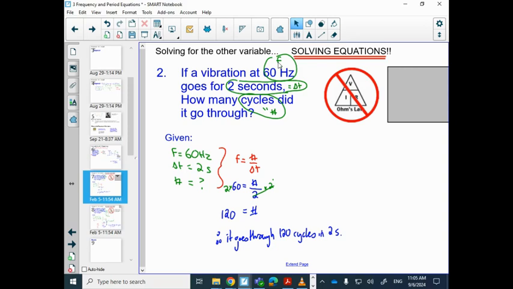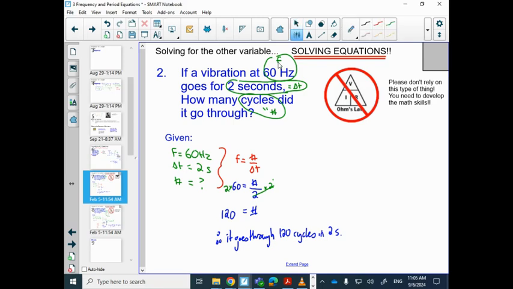So no one ever does an octagon version of these for an 8 variable equation. So don't rely on that type of thing. You really should develop those math skills and be able to be successful moving forward. I've had university students come back and complain about having only really done the triangle, and then in university they're stuck. They can't really proceed. So I highly recommend using the processes, the skills that we have.